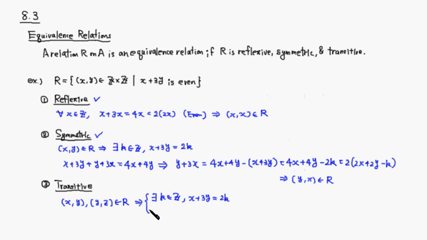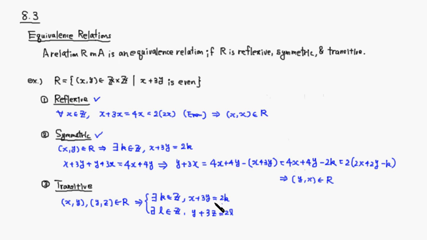And also, since y is related to z, there must be some integer L such that y plus 3z is equal to 2 times L.